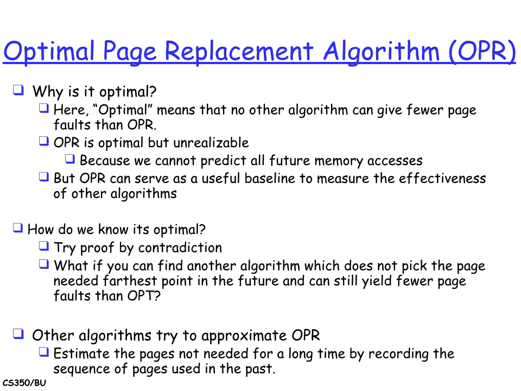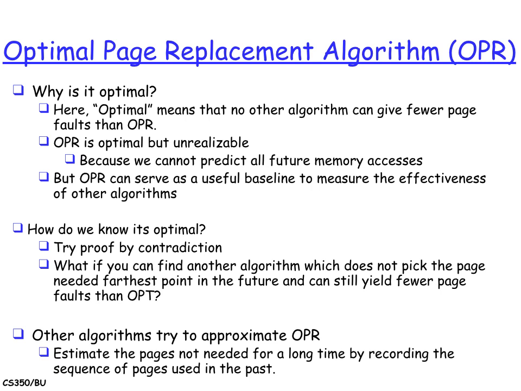So I'm skipping the formal proof of the optimality criteria here, but feel free to refer to Andrew Tanenbaum's book for the proof.